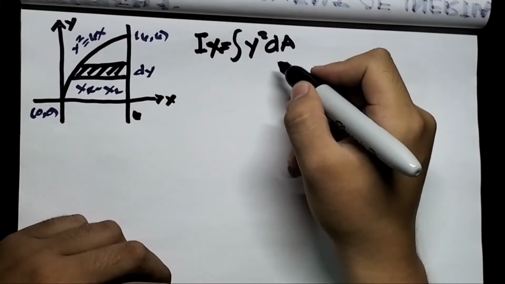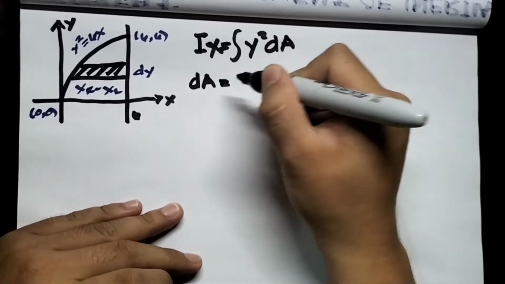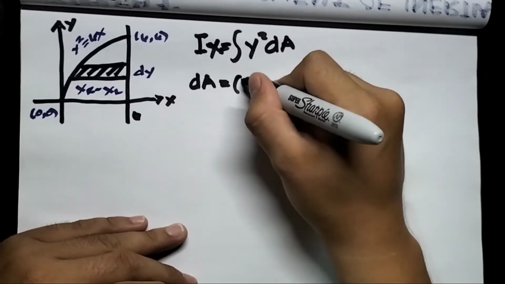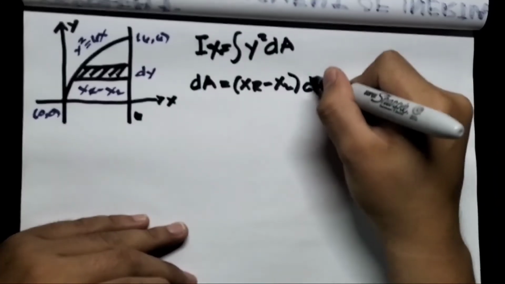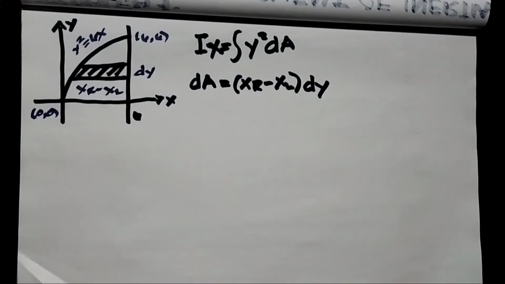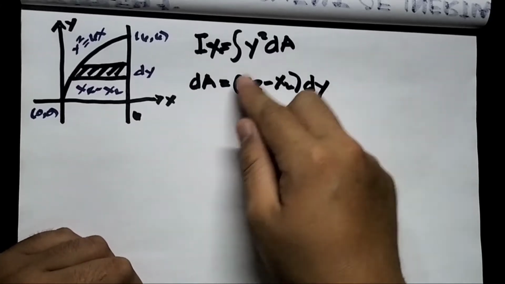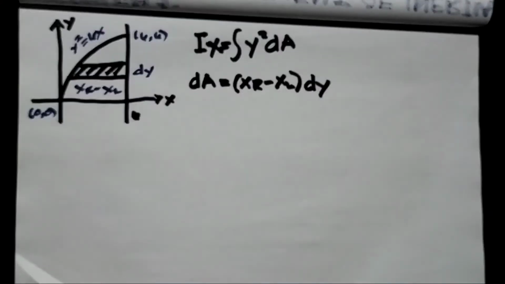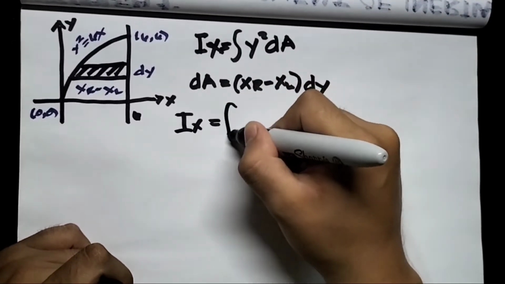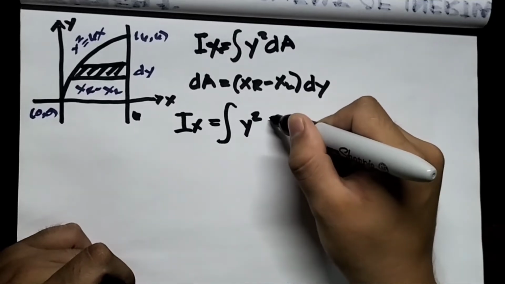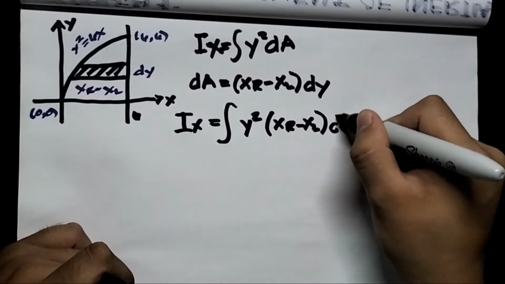So here in the formula, the dA is the differential of our area, which is equals to length times width, x from the right minus x from the left times differential of y. So, ayun na. May dA na tayo. So, pwede na nating i-substitute dito sa formula. So, Ix is equals to the integral of y squared times x from the right minus x from the left dy.